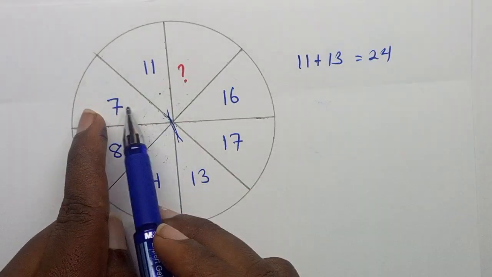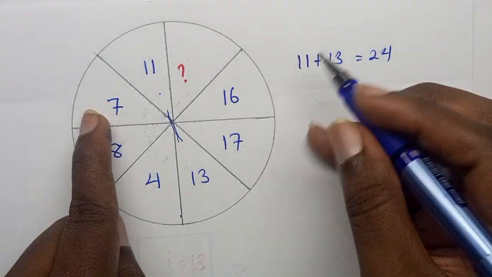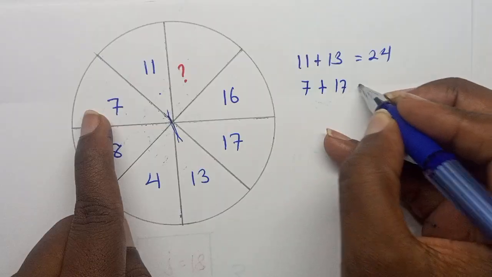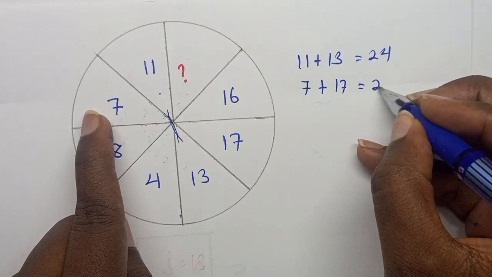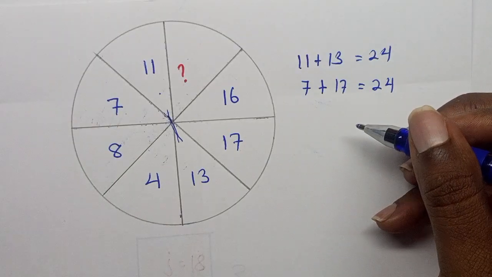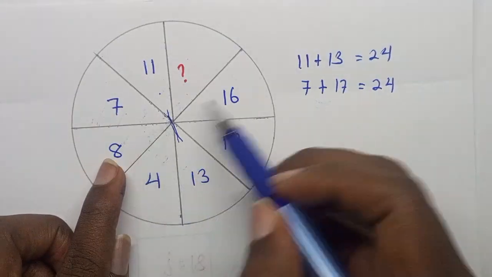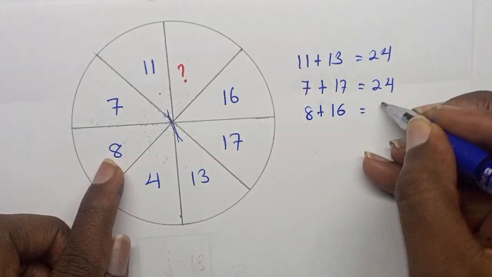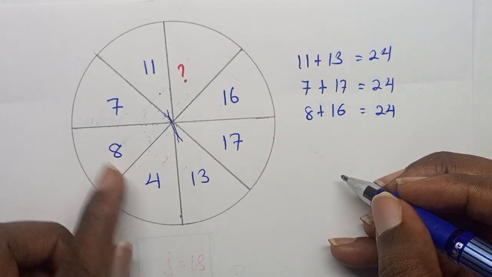Also, if you add 7 plus 17, this is equals to 24 as well. Also, if you add 8 plus 16, this is equals to 24.